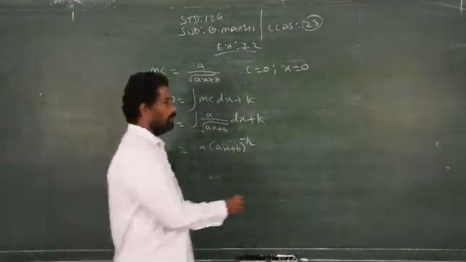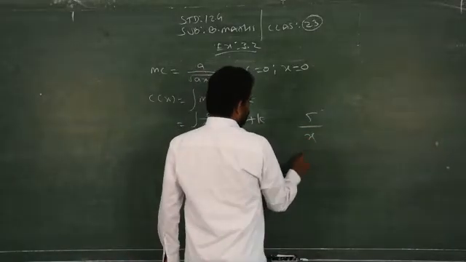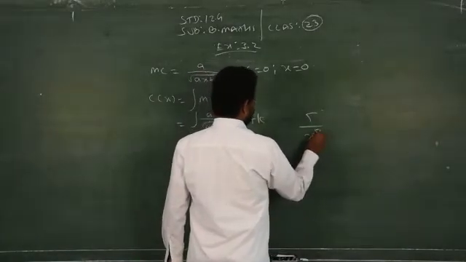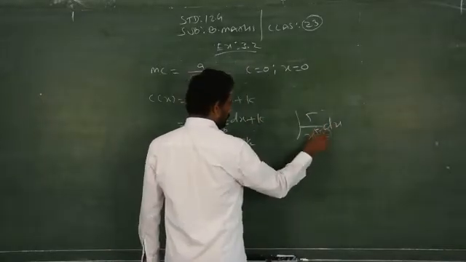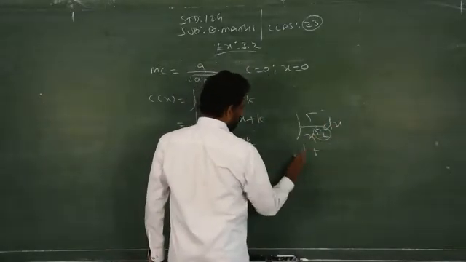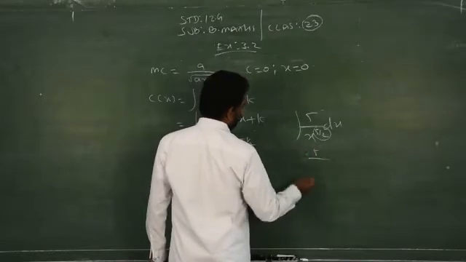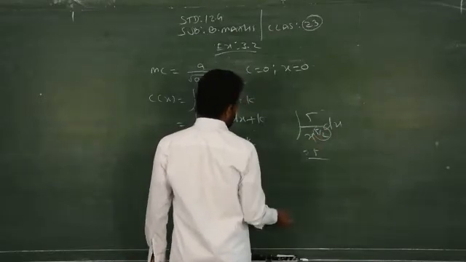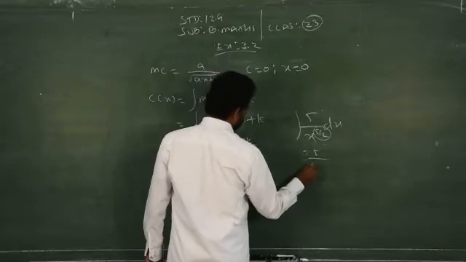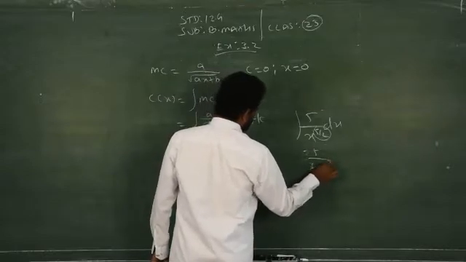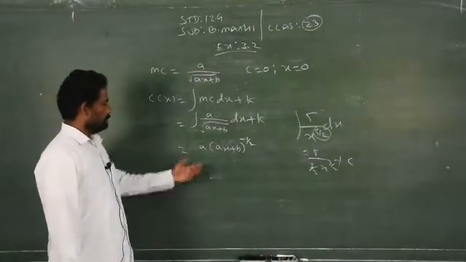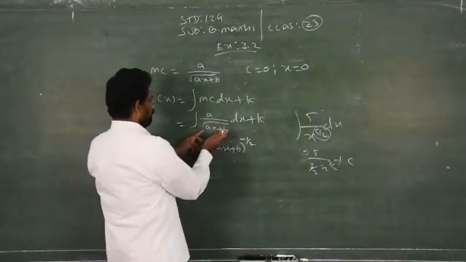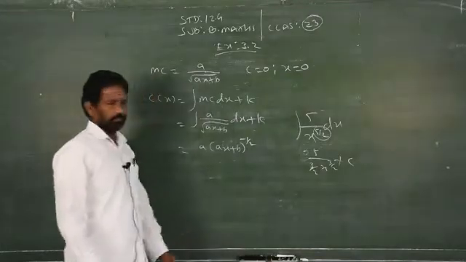I told you already how to integrate when the x variable is in the denominator. You have to reduce 1 in the power, change the sign, reduce 1 in the power, that is 3 by 2 into x power 3 by 2. You can simplify this, or take the denominator to the numerator. Whatever method you follow. Clear?